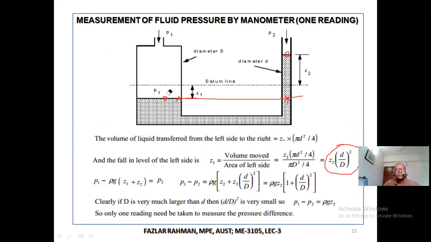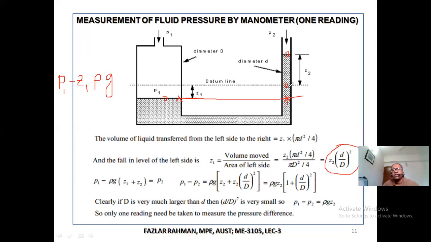If I apply that rule, then the pressure right over here will be P1. Then where did you come in? Right over here. From here, you came in over here, then you move over here. So how much is the height of this one? It is Z1. So you are moving upward, so Z1 into rho g.